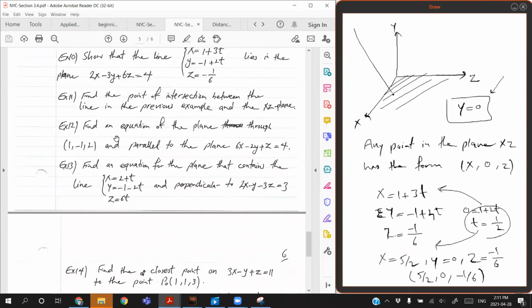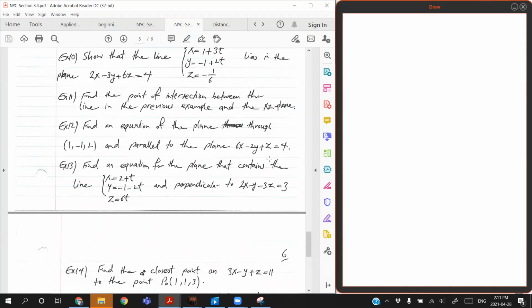Example 12. Find an equation of the plane through this point and parallel to this other plane. I have given you an example like this before, so I just explain it and then quickly go to the next one. If you have two planes and if they're parallel, then the normal vector from one plane can also be used as the normal vector for the other plane.